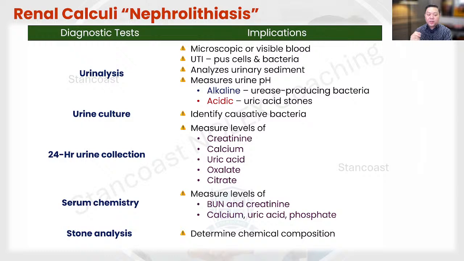So there is so much of a difference in the interventions here because it really depends on what kind of stone it is. So it could be to alkalinize the urine, or it would also probably require acidification of the urine. You really need to pay attention to what case your patient has.